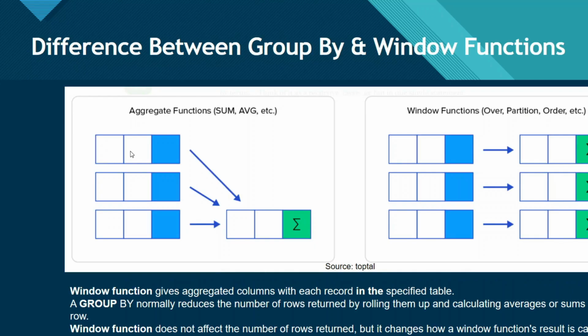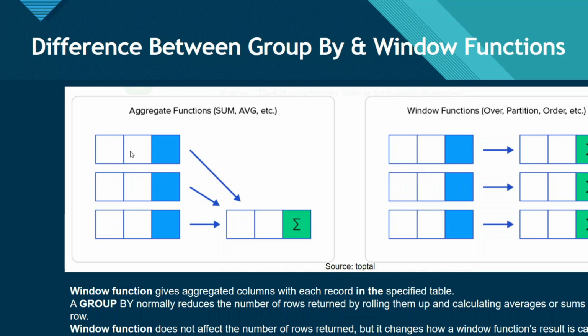But before going to that, we need to know the difference between a common group by function and a window function. If you can see this picture, on the left side we have the group by, and on the right side we have a window function. Looking at the left side, when you say group by sum or group by average, three rows will be aggregated into one row.